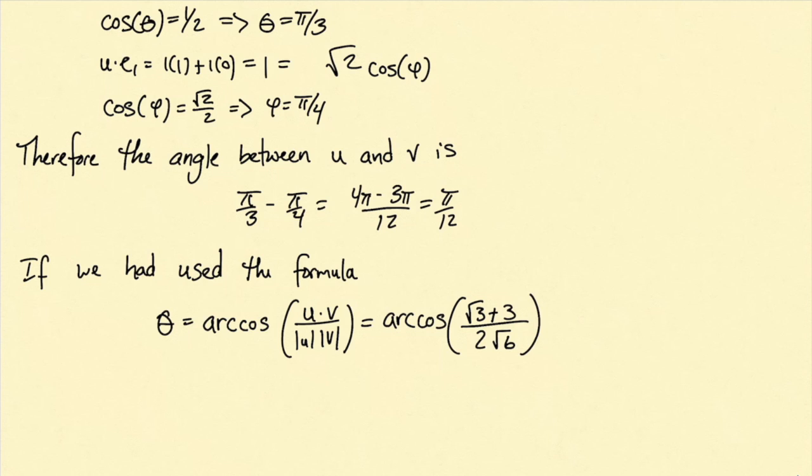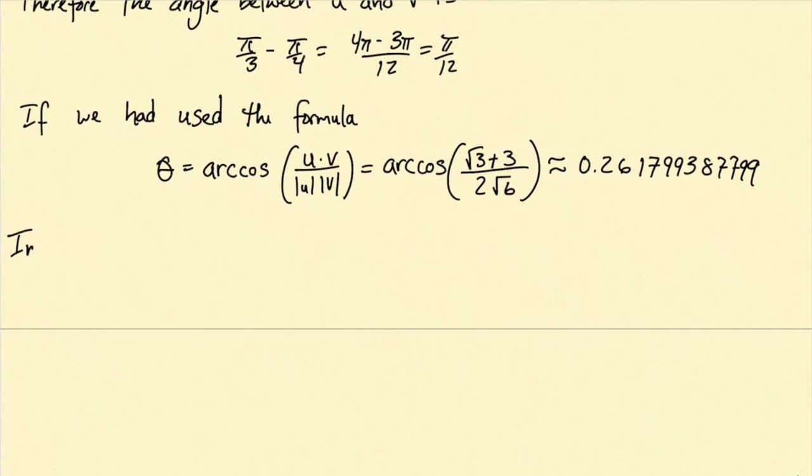If you had asked a calculator to compute this value for you, you would get something along the lines of 0.261799387799. This, of course, is a decimal approximation to pi over 12 that I retrieved from Desmos, but it is not at all obvious that this is pi over 12.